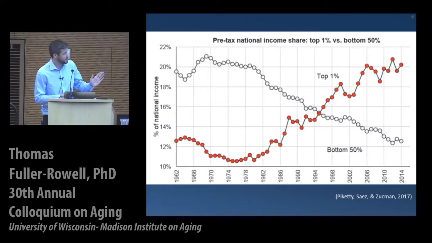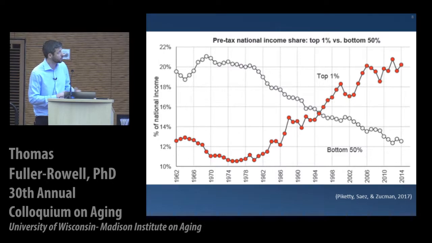Whereas in the mid-70s the top 1% was making about 10 or 11% of the overall available income, by 2014 that portion had increased to around 20 or 21%.